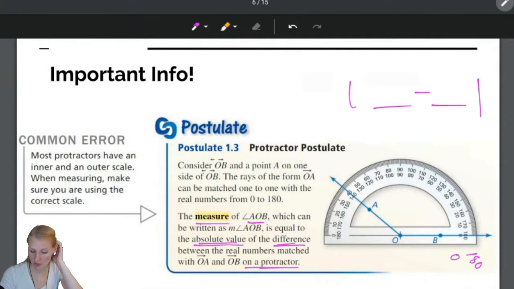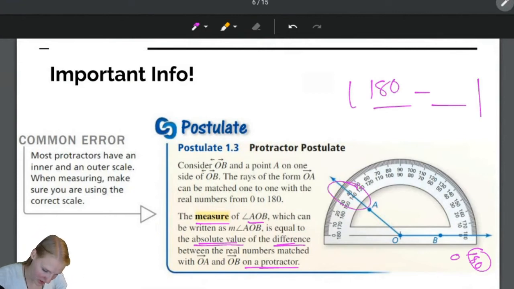Let's do 180, since I like to think of 0 as over here, so it's like 0, 10, 20, 30, 40, and so on. So we'll use 180. So that is 180 minus the other number on our protractor, which is over here. We need to use the number on the top, because 180 was on the top over here.